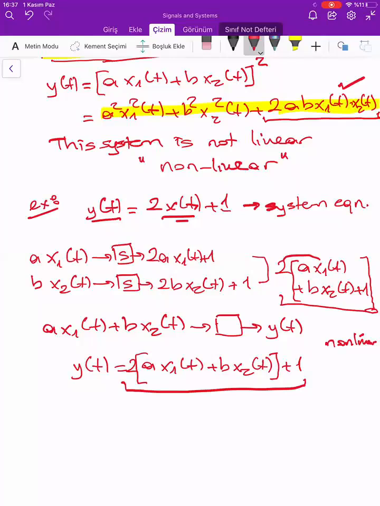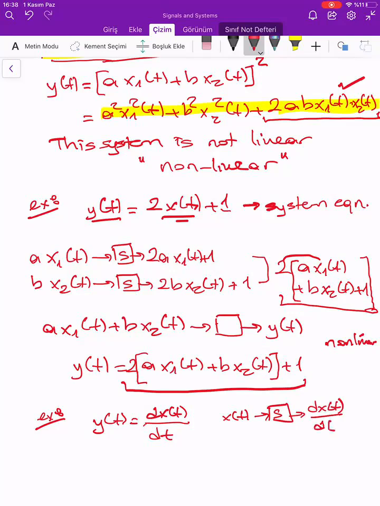For example, let me give you one more example and then move on. For example, my output y of t is the derivative of the input, okay? If I give an input to my system, the system gives me the derivative of the input. Is this a linear system or not?